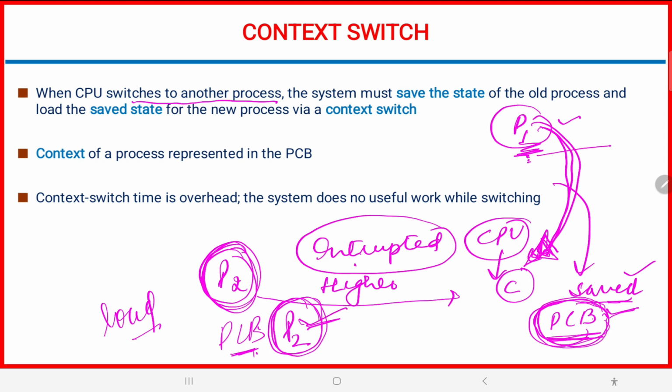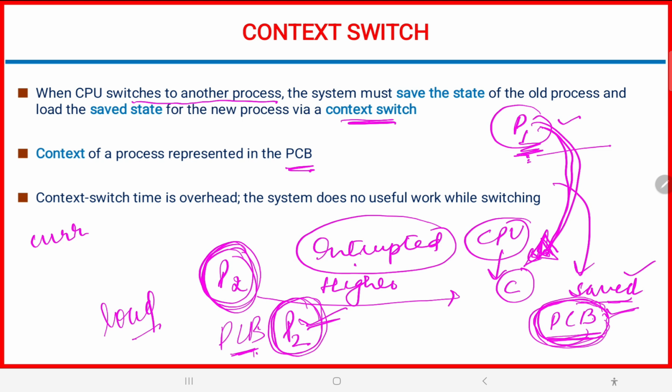So if we talk of context switch, it means saving the state of the currently executing process and loading the state of the new process. That is basically called a context switch. And the context of a process is represented in the PCB.